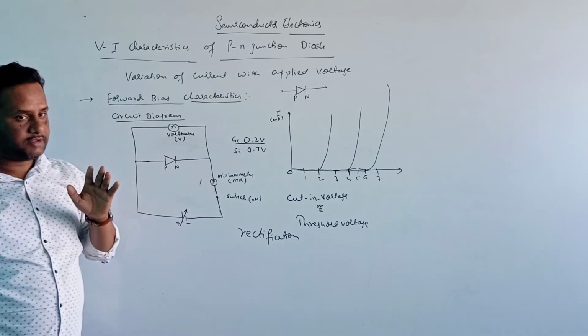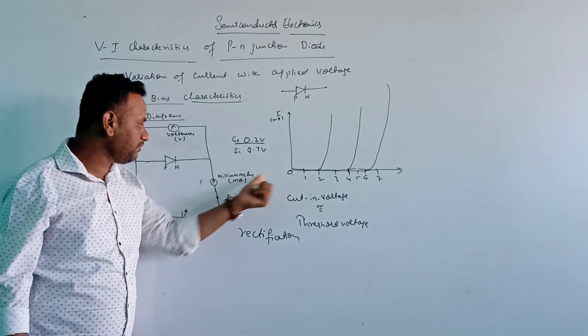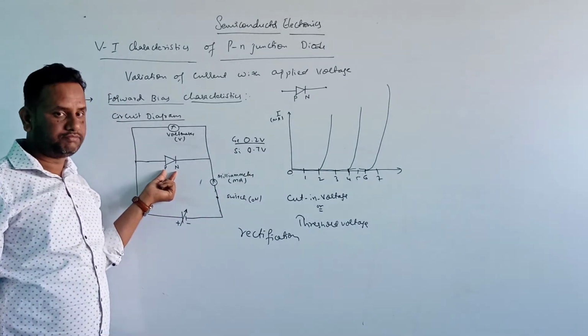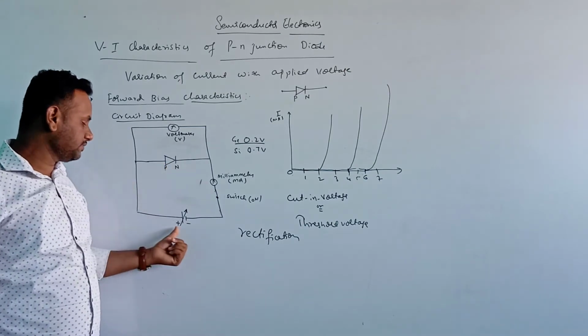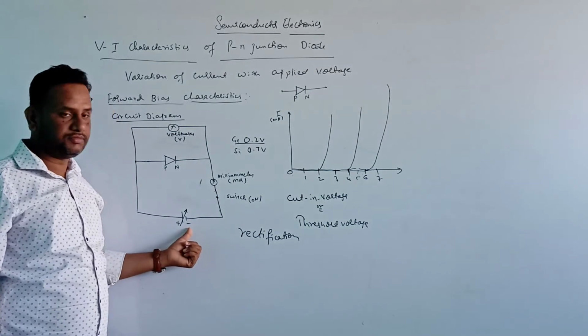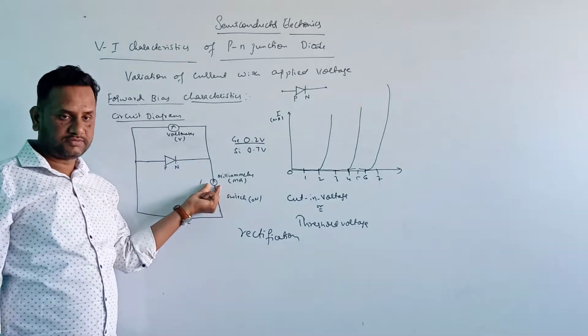Okay, and once more I'm explaining, listen here. In the beginning, when I'm increasing the voltage, the p-n junction diode has its p region connected to the positive terminal and n region connected to the negative terminal, and you are connecting an ammeter and a voltmeter across this circuit.